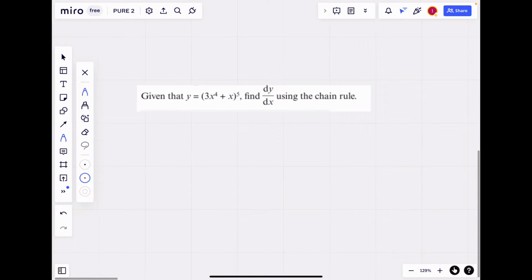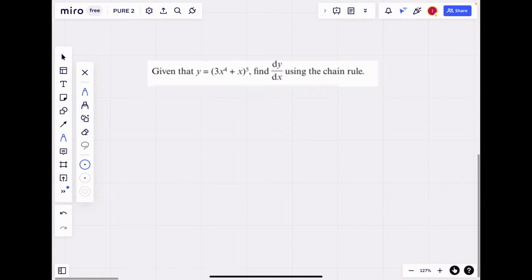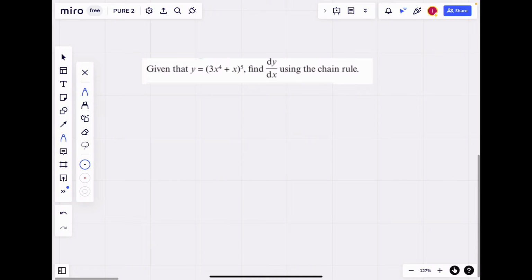So let's have a look at this example. Given that y equals (3x to the power 4 plus x) all to the power 5, find dy by dx. So the same thing as before. We're going to make whatever's making things complicated equal to u. So we're going to let u equal 3x to the power 4 plus x, which means y now equals u to the power 5.